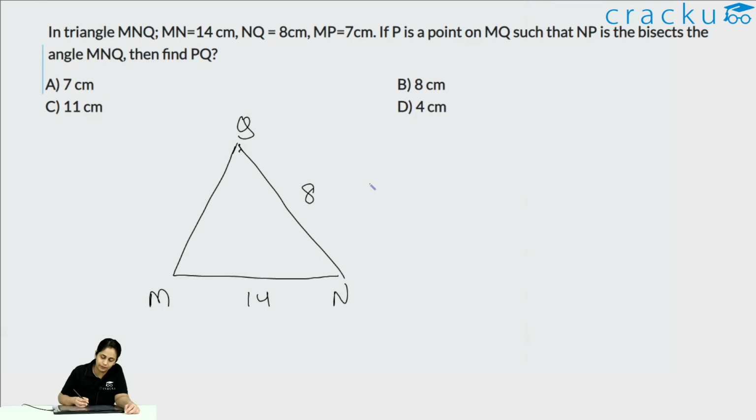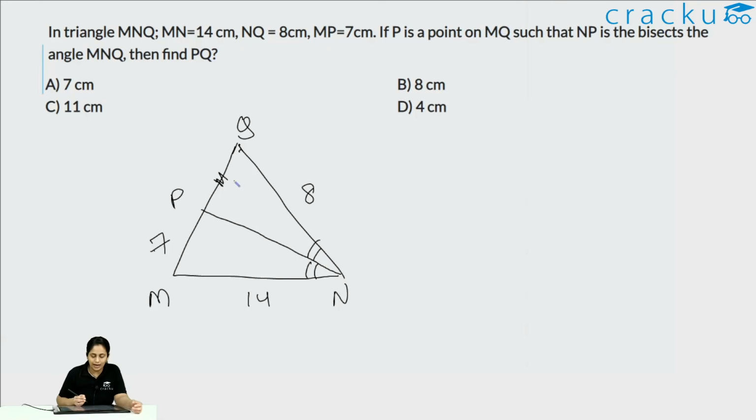P is a point on MQ such that NP bisects the angle MNQ. So this is the angle bisector of this angle, and MP is 7 centimeters. Find PQ. So we have to find out this length.